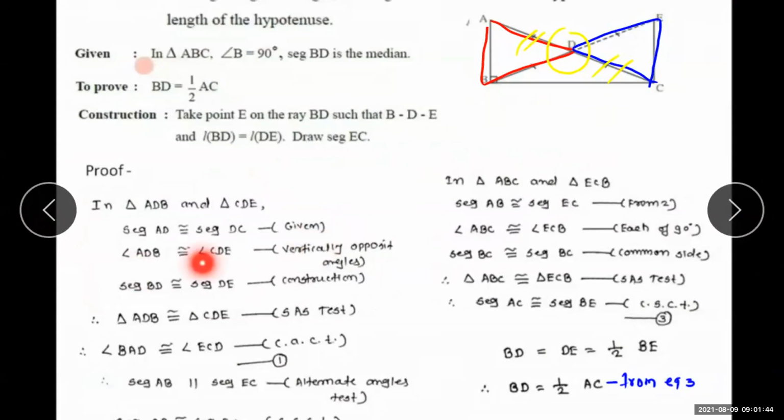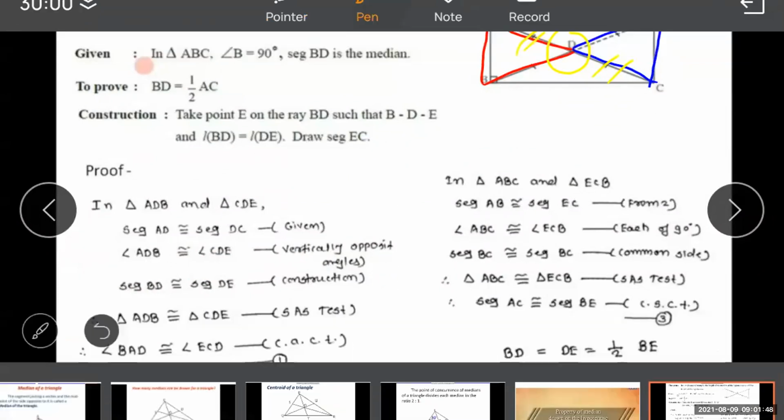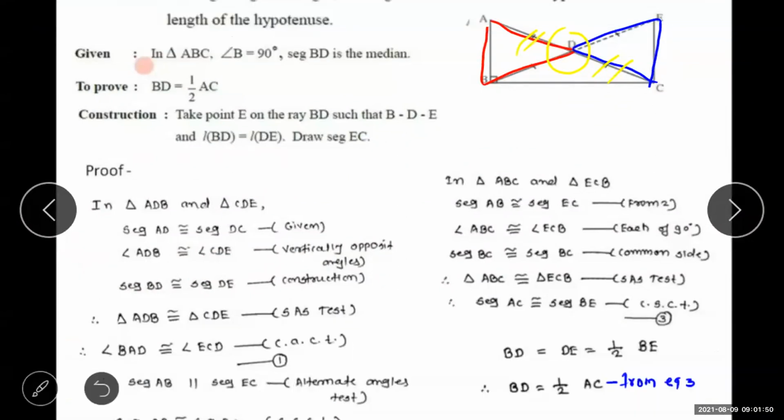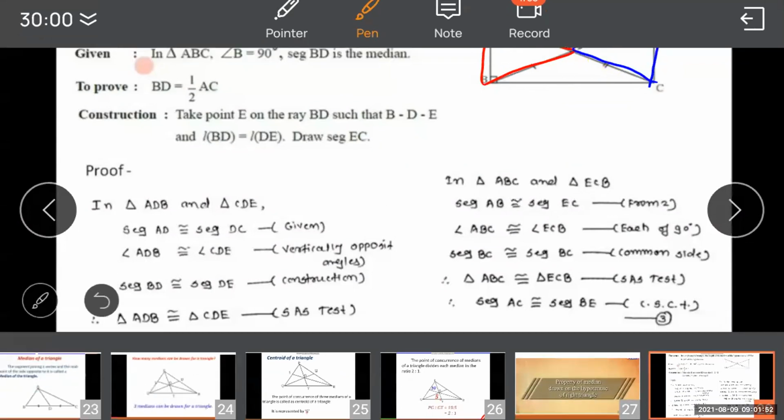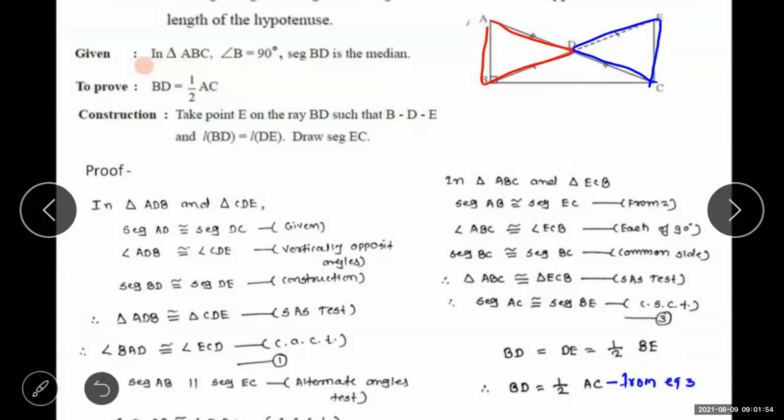Now angle ADB is congruent to angle CDE. Now let's see. Which is angle ADB? This is the angle ADB.